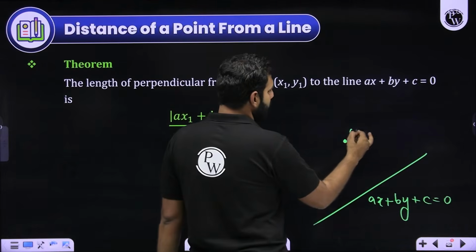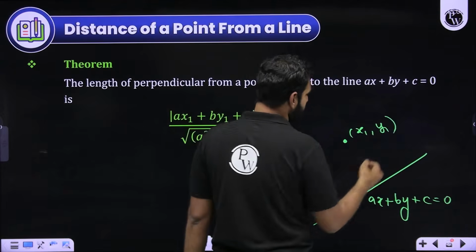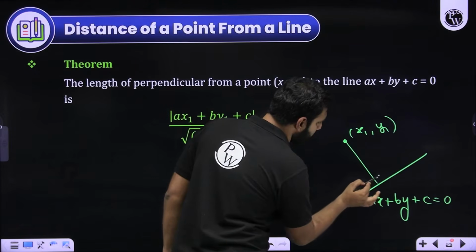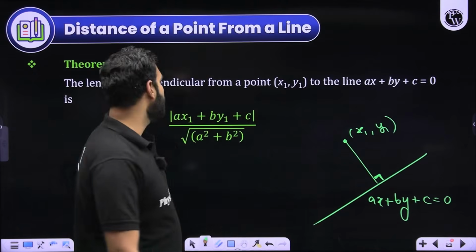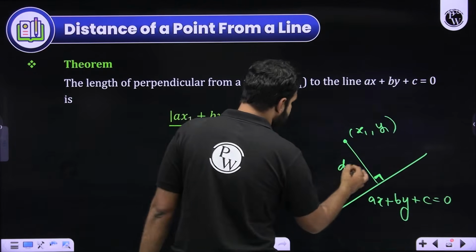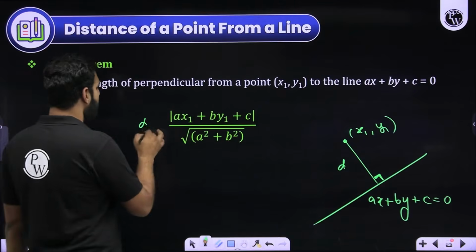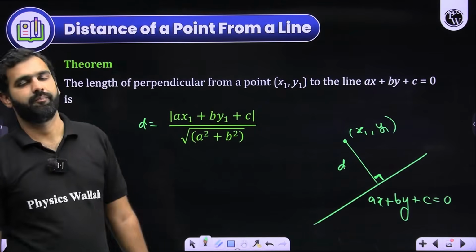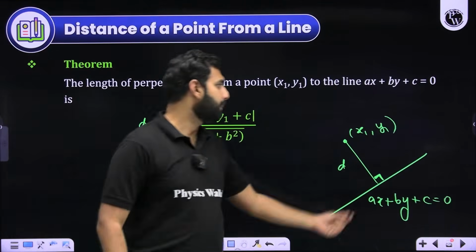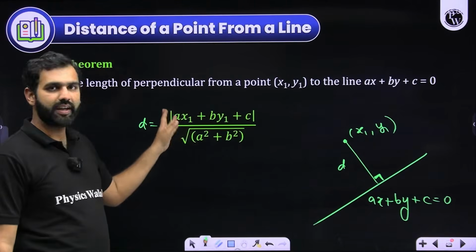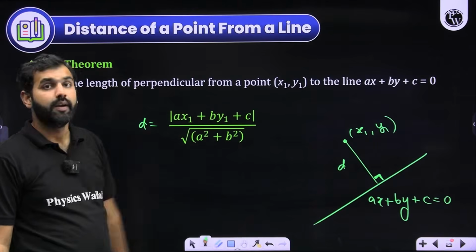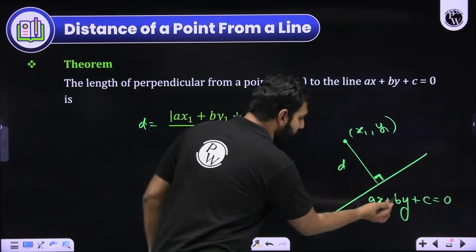You are dropping a perpendicular from this point x1, y1 on this straight line, and you are asked the distance or the length of this perpendicular dropped from this point on this line. It is given by the power of this point with respect to this line, which is modulus of ax1 plus by1 plus c, divided by under root of a square plus b square.